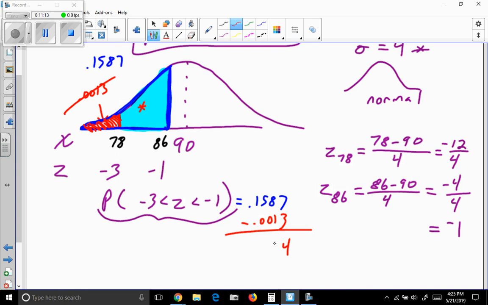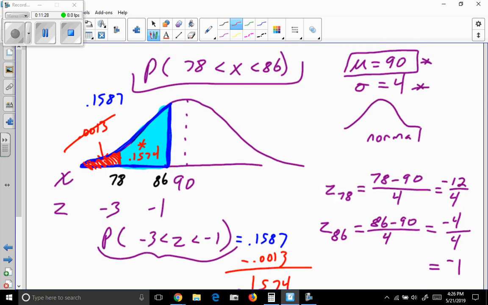So 0.1574. That's the area in between these two. So in other words, the probability that our value is between 78 and 86 is 0.1574, or about 15.74%.